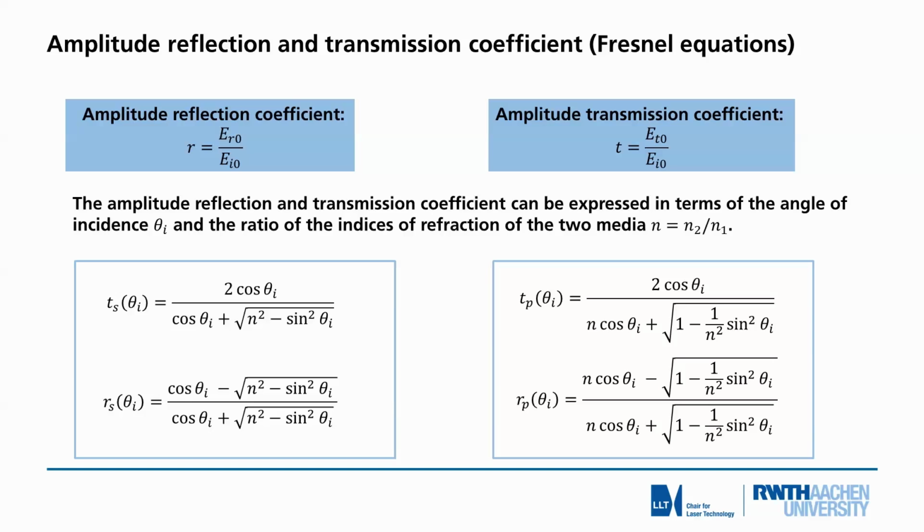For the reflection coefficient and the transmission coefficient, we now can calculate the dependence of the angle of incidence theta, and we end up with four formulas for the transmission coefficient and the reflection coefficient in the case of perpendicular orientation of the electric field, and the same thing for the case of parallel polarized radiation.